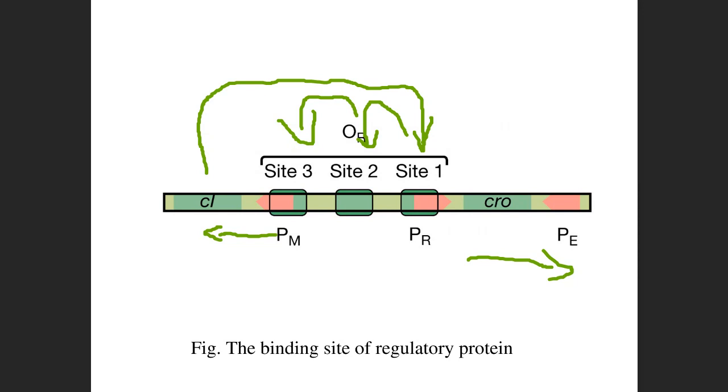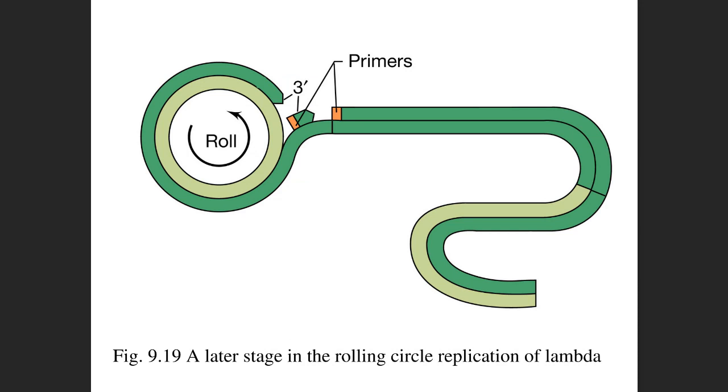If it's an unhealthy bacteria, then it will start reproducing. It goes to lysis, and when it reproduces, it goes to rolling circle replication. This is similar to the conjugation that we talked about.